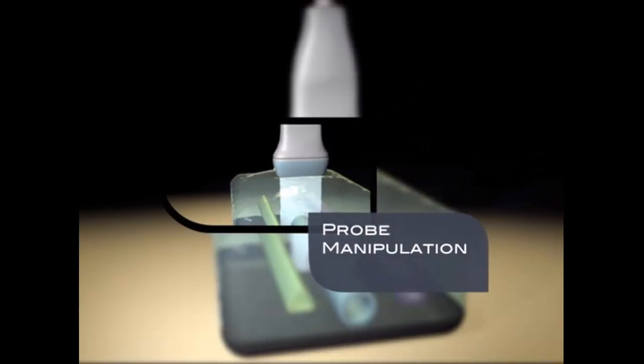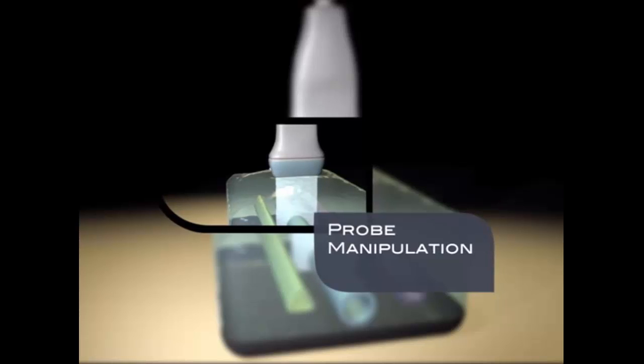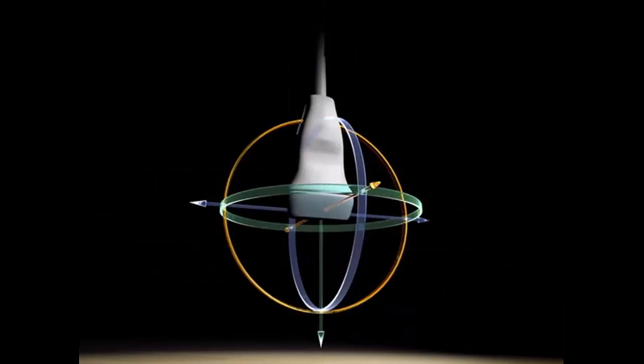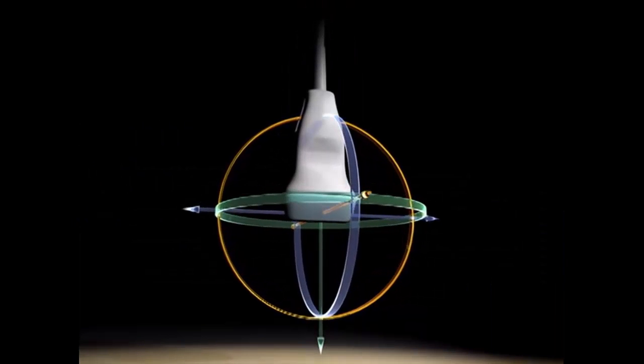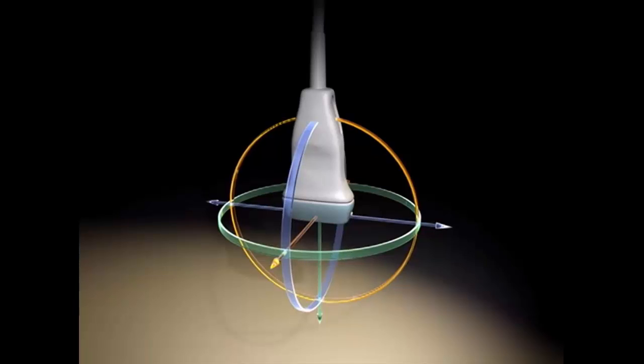Because we can rotate and manipulate an ultrasound transducer around any of its three axes in space, we need to be sure that we know how to communicate these movements to our colleagues and coworkers.